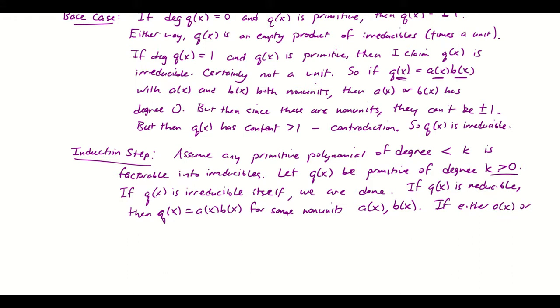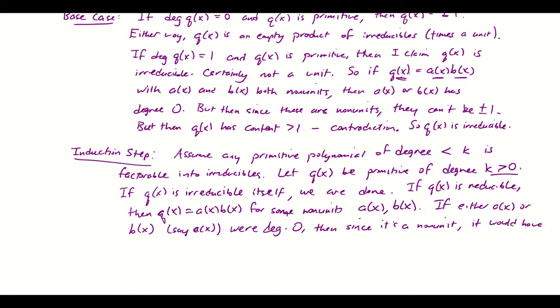So if either a of x or b of x, and just for ease of communication, let's say a of x, were degree 0, then since it's a non-unit, it would have to have some prime divisor P. But then that P would also have to divide q of x, because q of x is a of x times b of x.